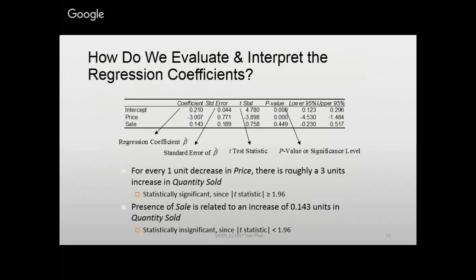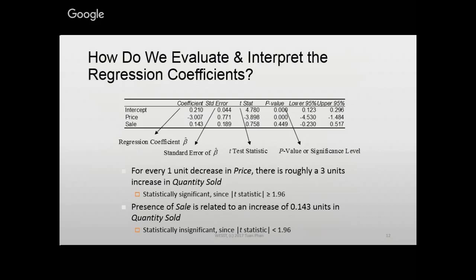So again, if the absolute value of the t-statistic is greater than 1.96, then you can say you have confidence that it is a good predictor. Otherwise, I also look at the p-value. It's less than 0.05. So in this model, you see that price is a good predictor because the t-statistic is greater than 1.96 in absolute value, and the p-value is also less than 0.05.